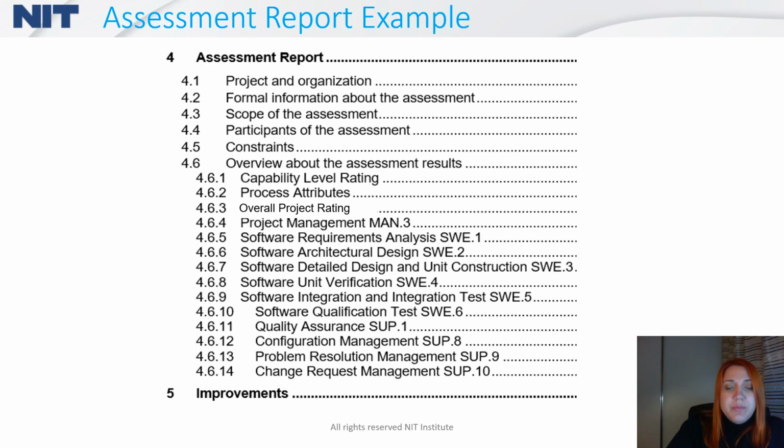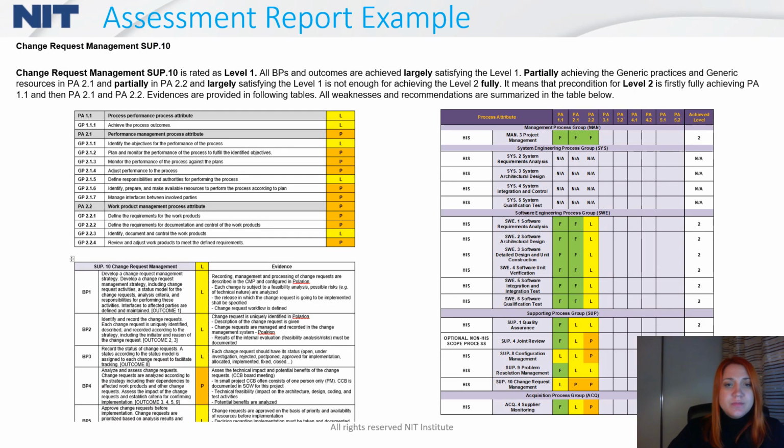Every single process rating must be written in a way that there is evidence of weakness and evidence that some process will not reach fully, in order to really explain how this process is implemented on the project.